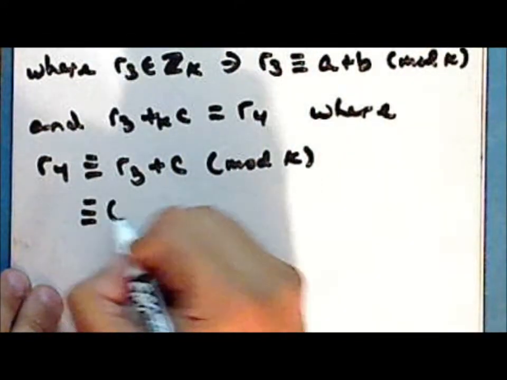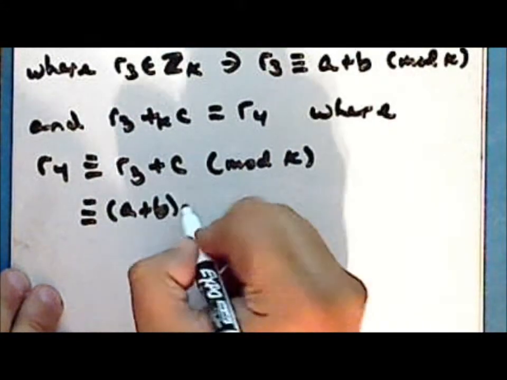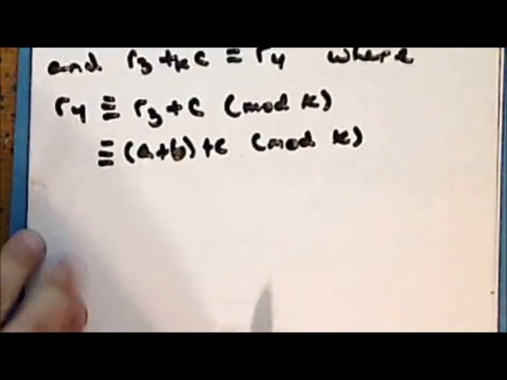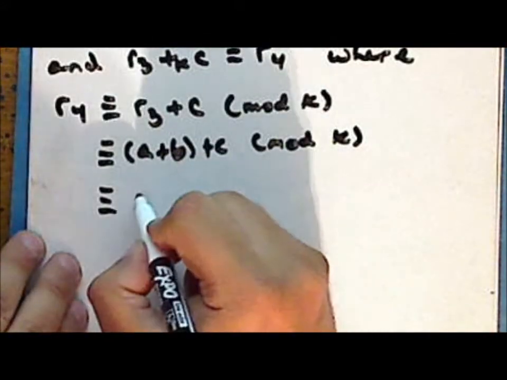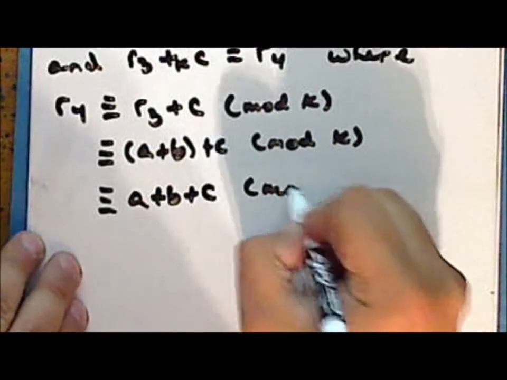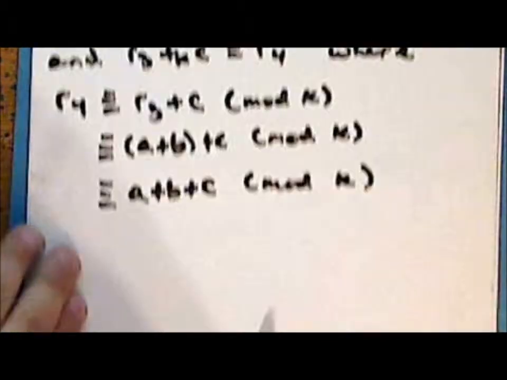And this is the same as the quantity a plus b plus c mod k, which is the same as the sum a plus b plus c mod k.